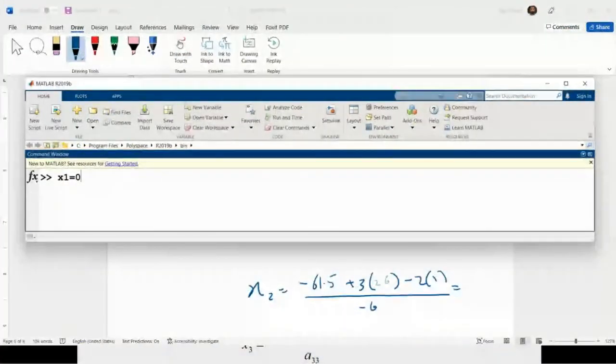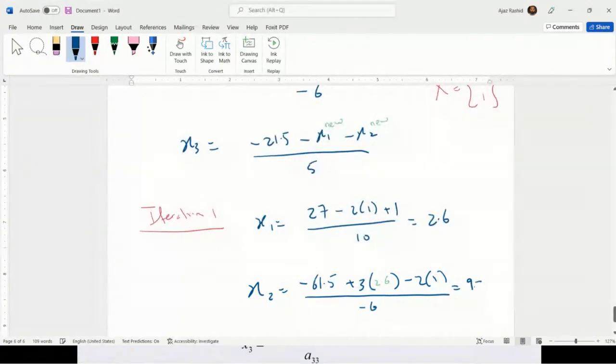I'll do it in MATLAB so I'll not make mistakes. So that's minus 61.5 plus 3 times 2.6 minus 2 times 1 divided by minus 6. So it's 9.2833.